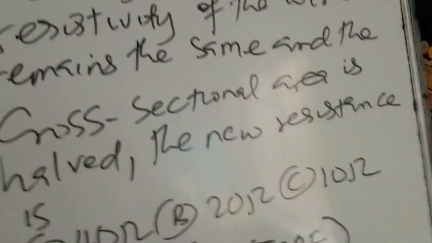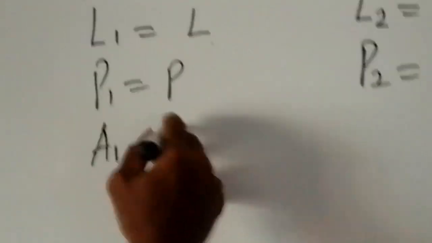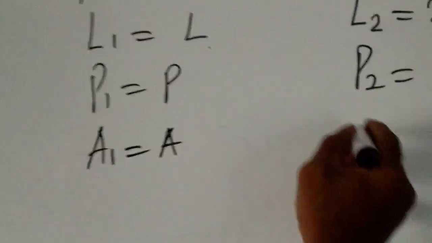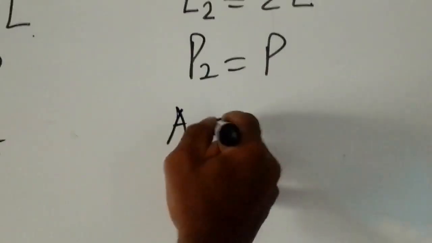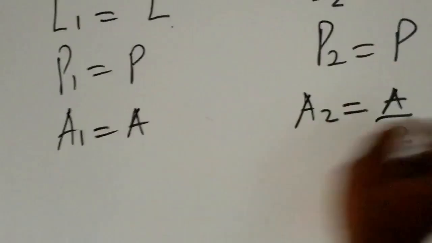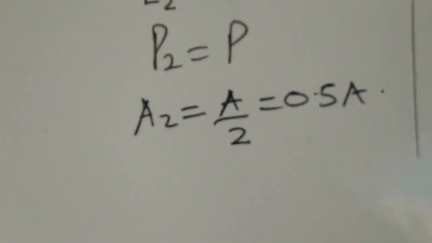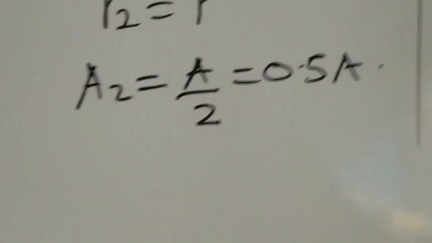So let the area of this wire, A1, be equal to A. Then in the second condition, the area becomes A over 2, half of the first one, or 0.5A. Then we are to find the new resistance, R2, unknown to us, or let's call it R.